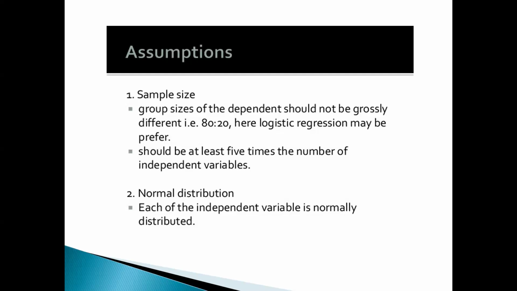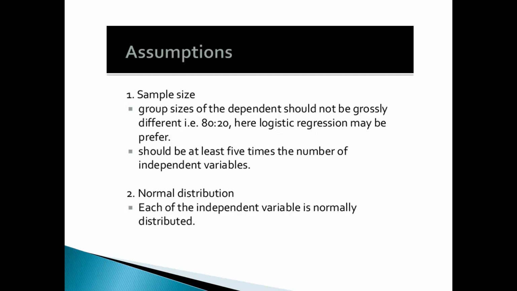Here logistic regression may be preferred: if different categories or groups have observations that are not balanced, then we should not prefer discriminant analysis; rather, we should go for logistic regression.